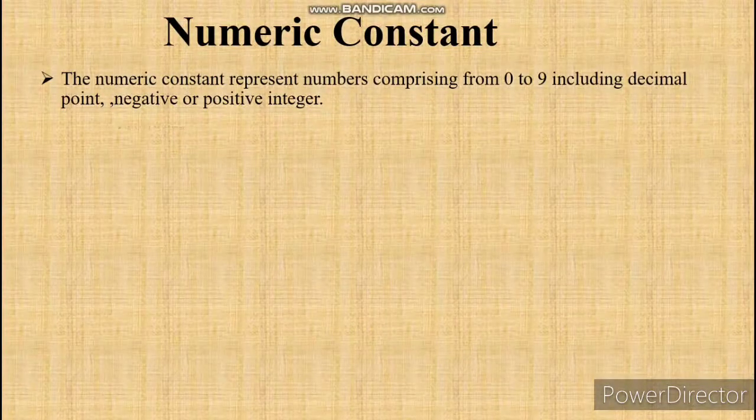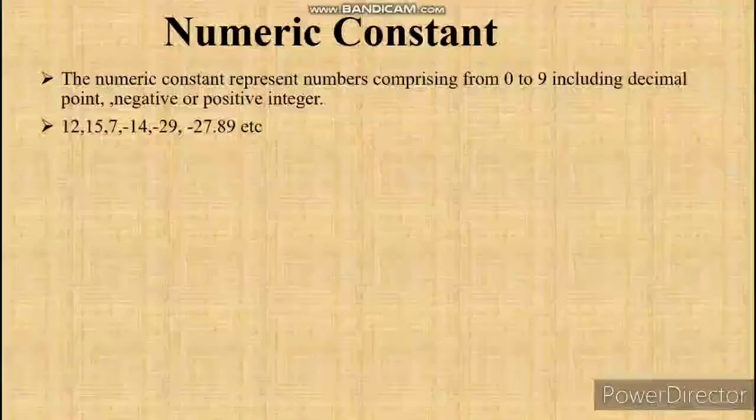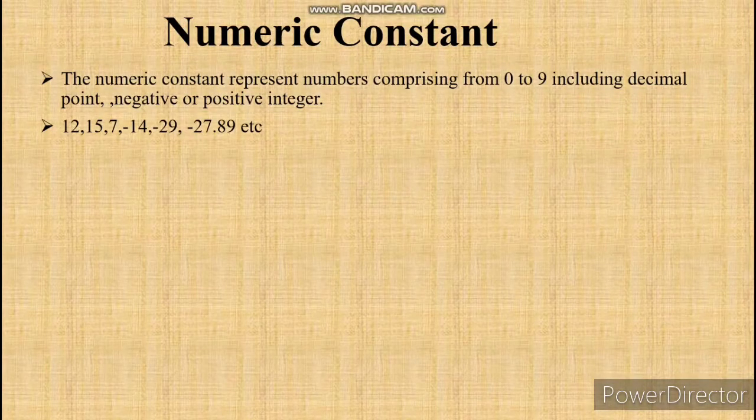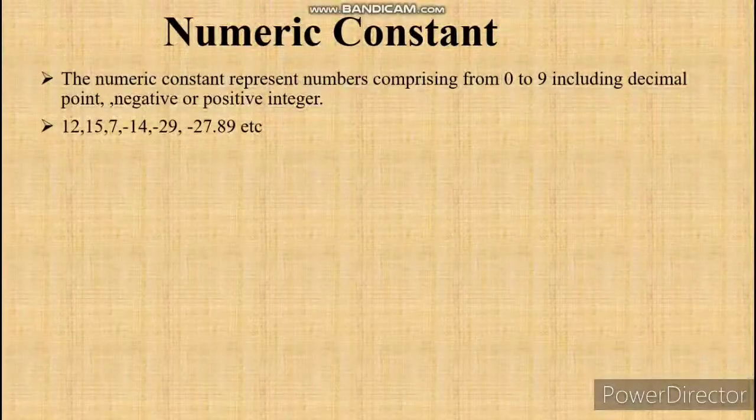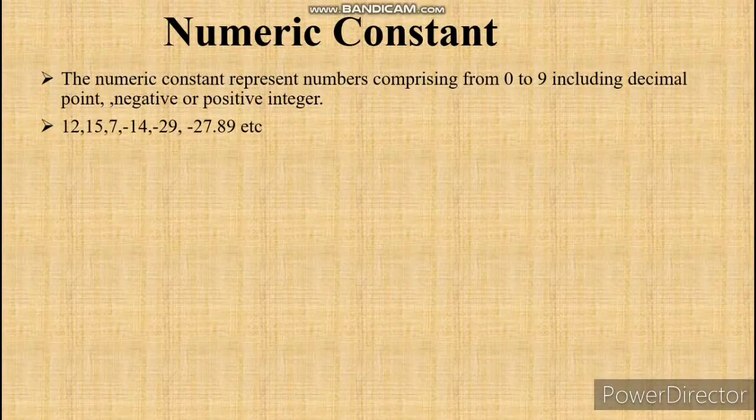For example, 12, 15, 7, minus 14, minus 29, minus 27.89, etc. These are examples of numeric constants.